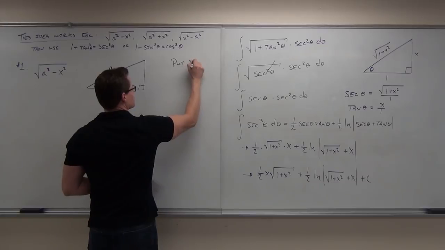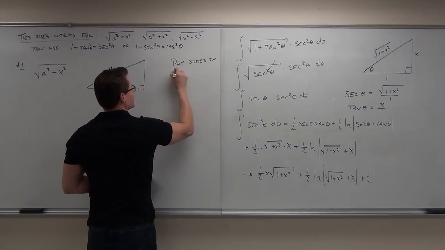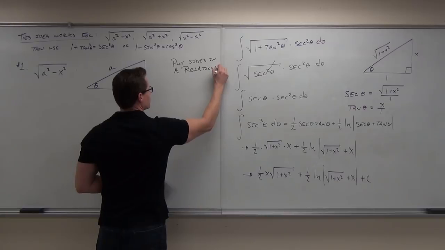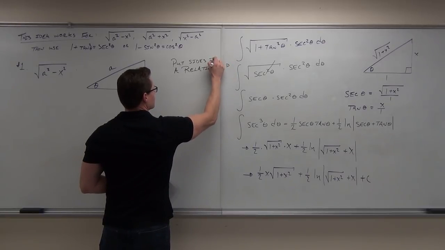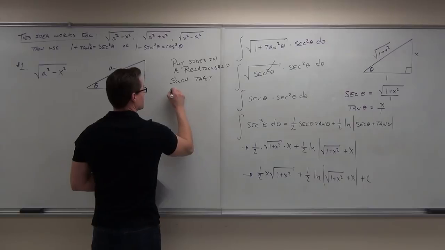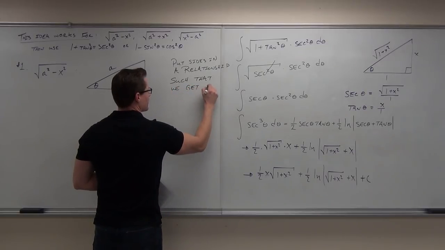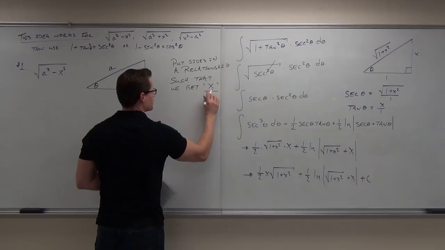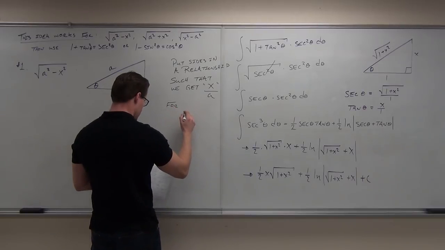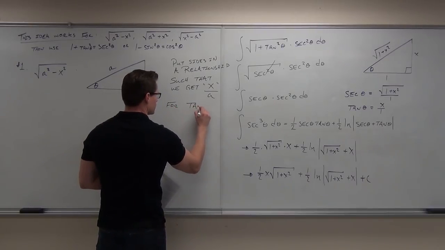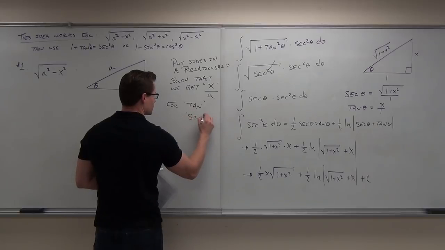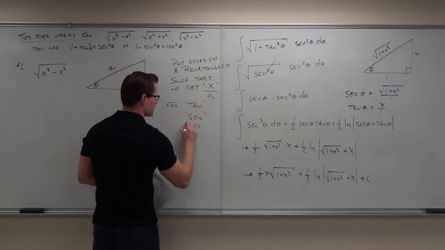So put sides in a relationship such that we get x over a for tangent or sine or secant.